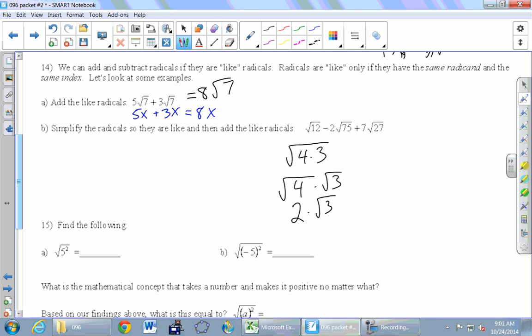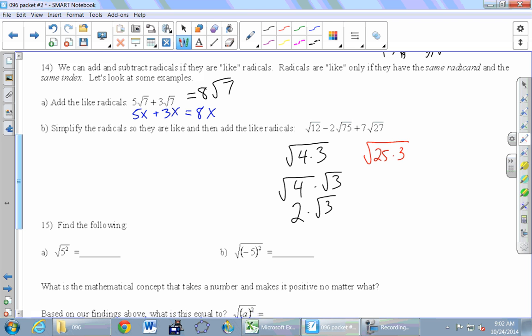Does 4 go into 75? No. Does 9 go into 75? No. Does 16 go into 75? You may not know, but I mean, 16 is even and 75 is odd, so no. Does 25 go into 75? Yes. And so that means that we're going to take that root 75 and write it as a root 25 times whatever you need to, and 3 in this case, okay?